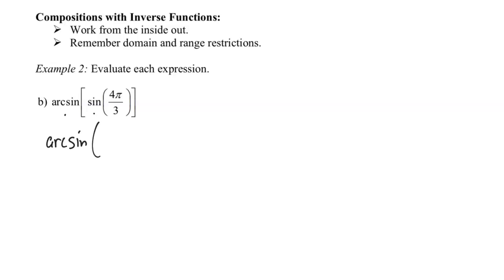And so I start on the inside where it says sine of 4 pi over 3. Well, we learned how to evaluate this in sections 4.1 through 4.3 when we learned our unit circle for the first time. And so if we just start by evaluating what that is, remember that I need to know, first of all, what quadrant it's in.